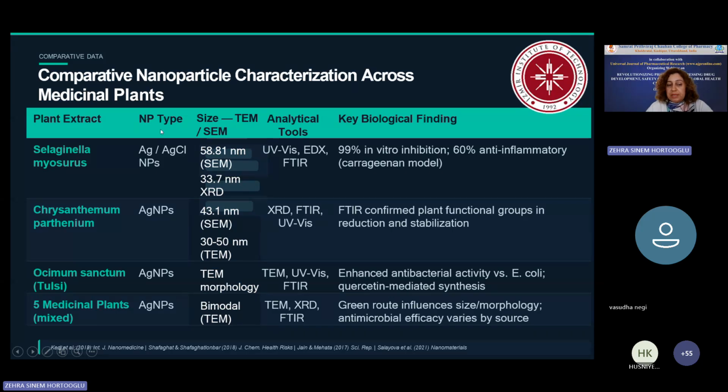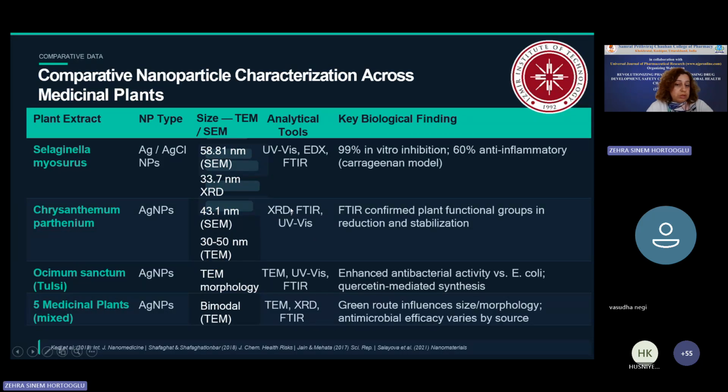They used silver nanoparticles and got 90% in vitro inhibition and 60% anti-inflammatory effect. This means the carrageenan model is important for the drug sector. And another plant is silver nanoparticles.